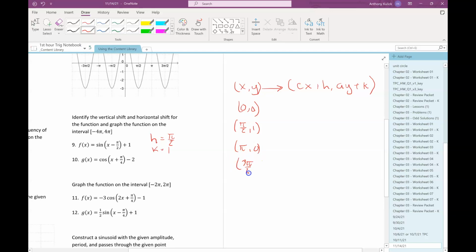This would be information that I would provide you on a test or a quiz or whatever. Now, in this specific instance, my c is 1 and my a is 1. So really what I have is x plus pi/2 and then y plus 1. So I'm going to plug in my x and y and just evaluate things.